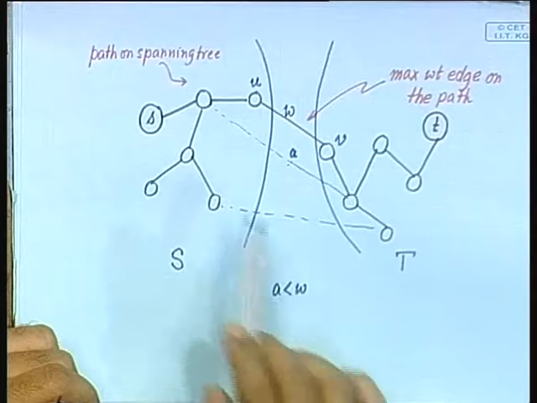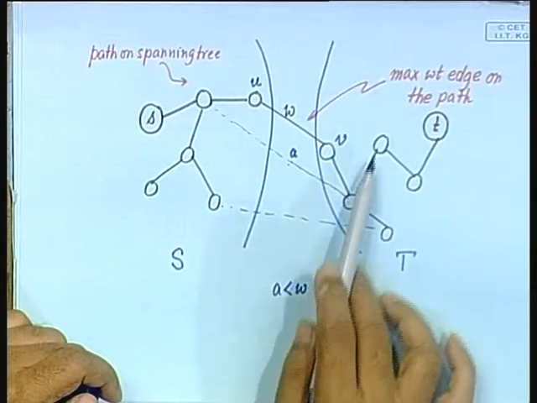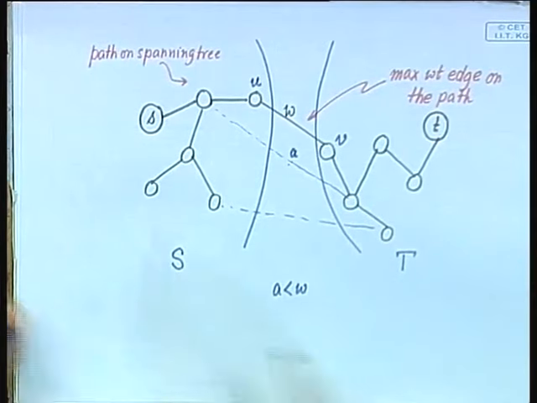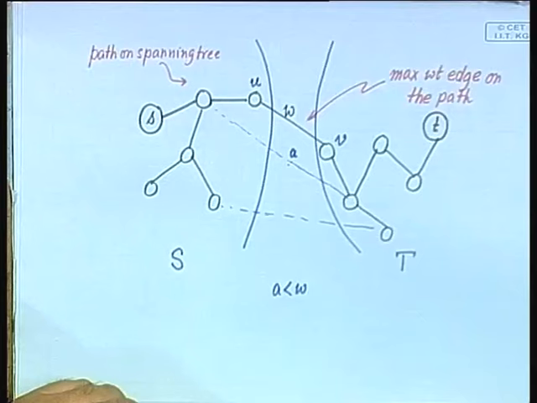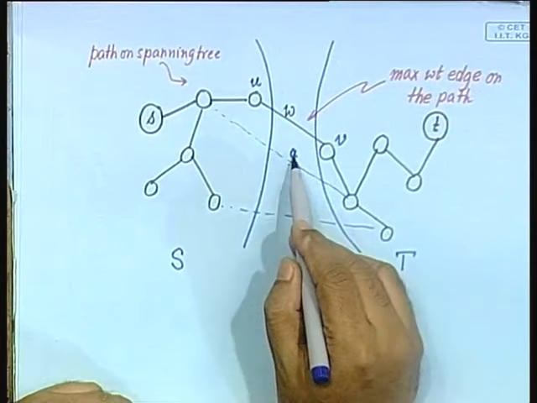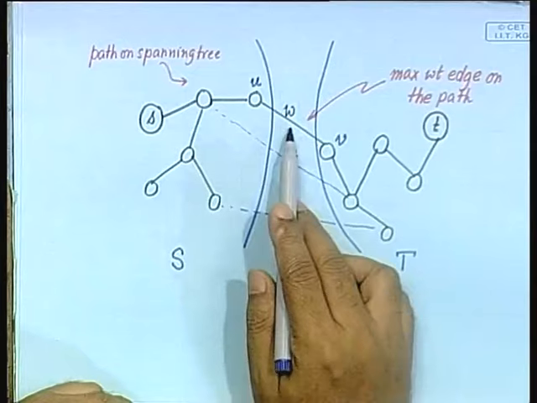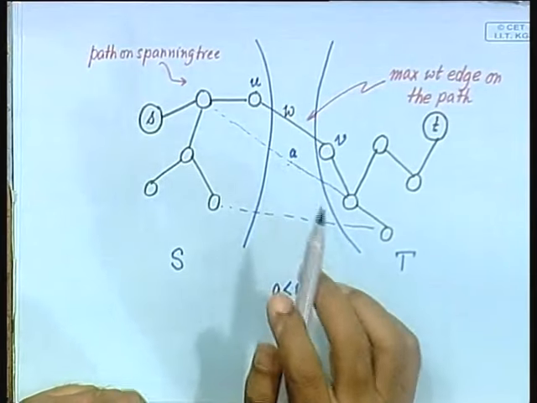But then we started by saying that this is a path in the minimum spanning tree. So, how can we have a spanning tree of lesser cost, right. So, therefore, all of these edges will have cost at least W or more.